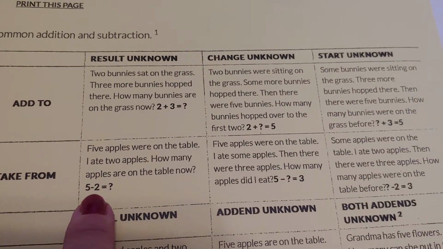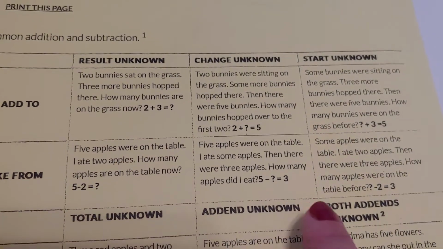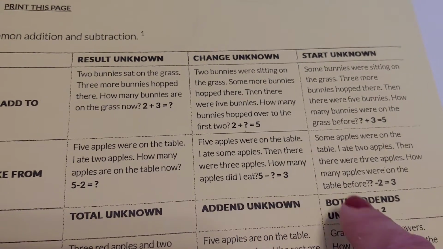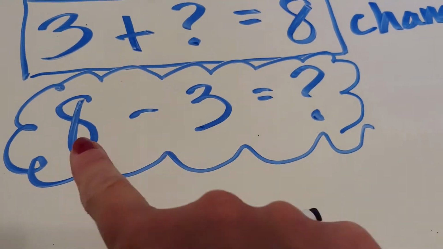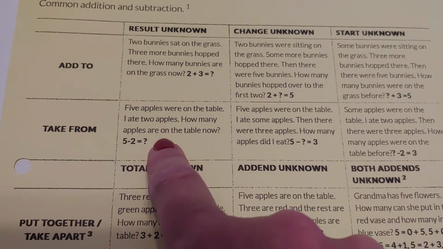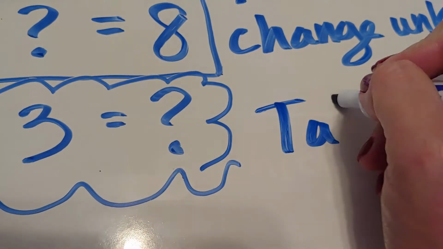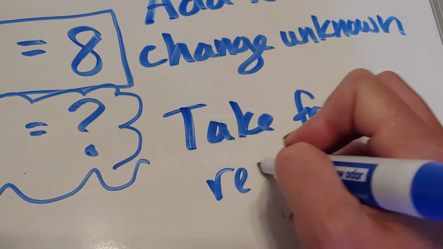So my 2 numbers equal, I think that's our guy, right? If I keep looking, I get 5 minus question mark equals 3, question mark minus 2 equals 3, the 2 numbers equals a question mark. That's us right there. So this is an example of take from, result unknown. So I would write take from, result unknown.